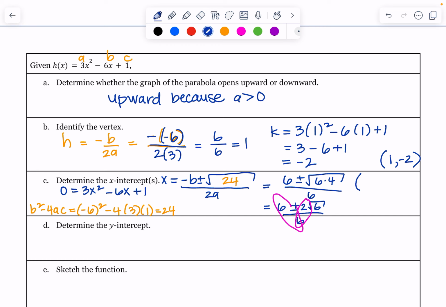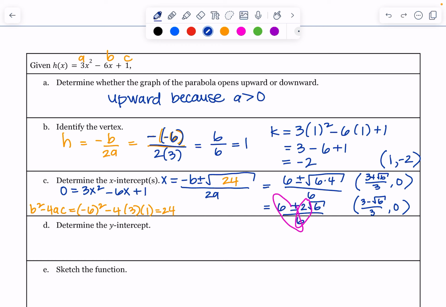So my first x-intercept is going to be 3 plus the square root of 6 over 3 comma 0. And my second one is going to be 3 minus the square root of 6 all over 3 comma 0. So there's my two x-intercepts. Kind of crazy, but quadratic formula is all that we're doing. If you really wanted to get a decimal here, you could. I didn't feel like it.